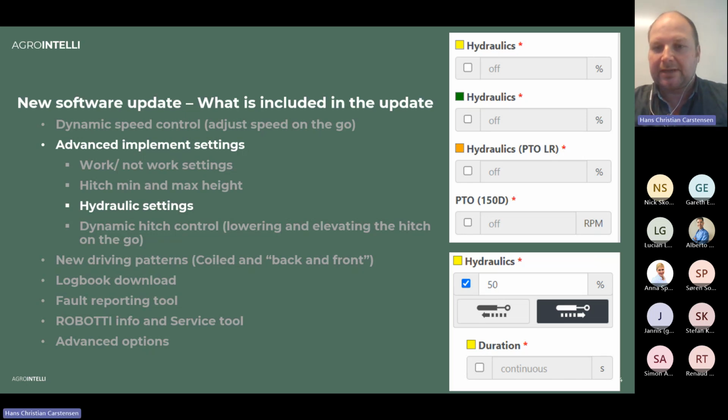So if you click, for example, on the yellow hydraulic outlets, then you get the same interface as you get on the terminal. So it makes it easier for you to set it correctly. You can click on the yellow, and then you can click either going right, the right outlet, or the left outlet. And then you can set a percentage, how much oil flow you want.